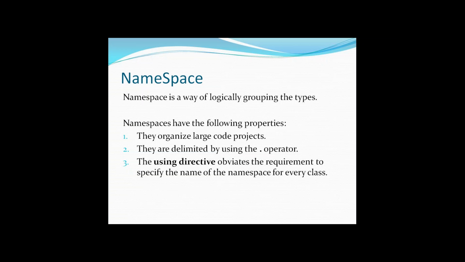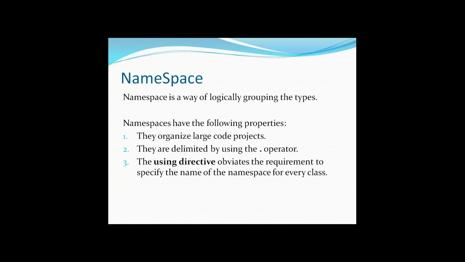So what is a type? As we discussed earlier, a type is a template used for creation of individual objects, something like your class or interface, right? So if you want to group some set of classes and interfaces together based on the functionality they perform, then that is called a namespace.